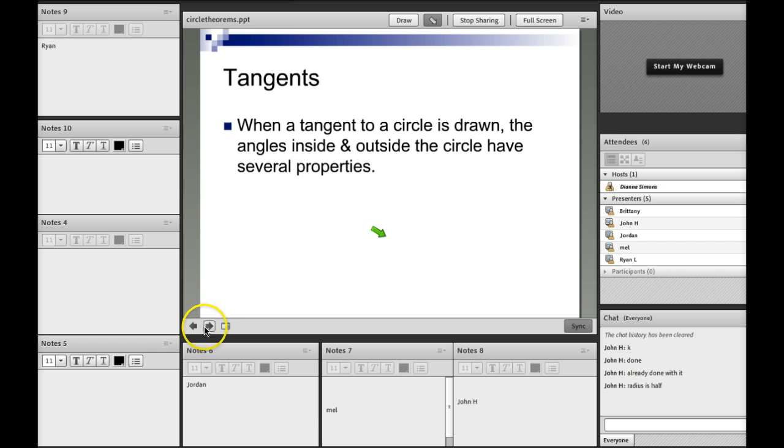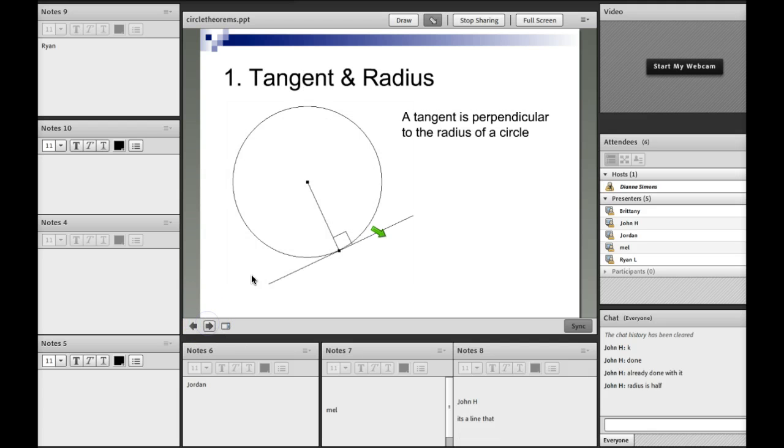Okay, now we're going to talk a little bit about tangents. What are tangents again? Anybody? Nope. Tangents are lines that just touch the circle or just touch something else.